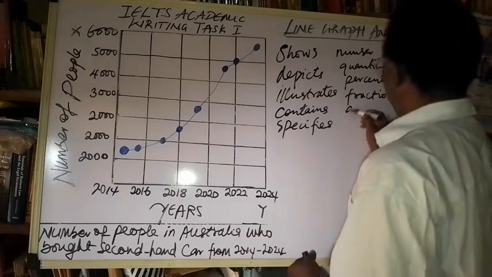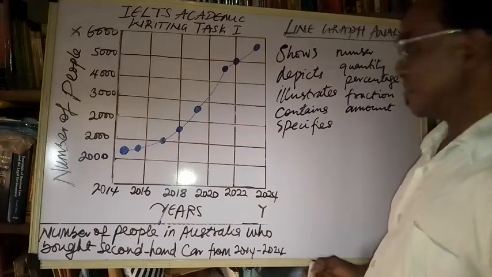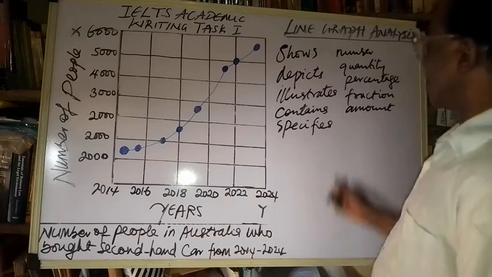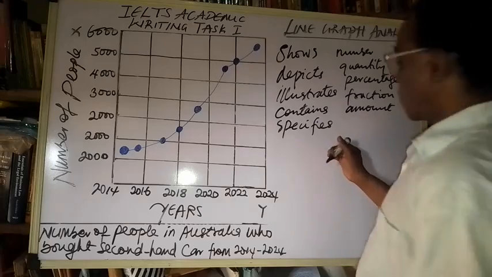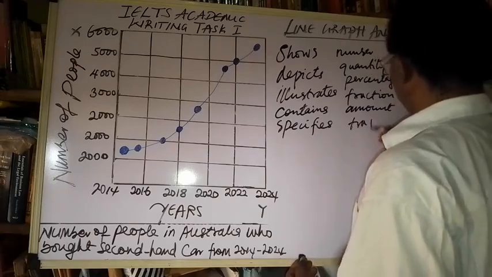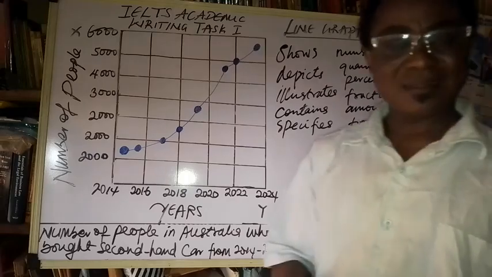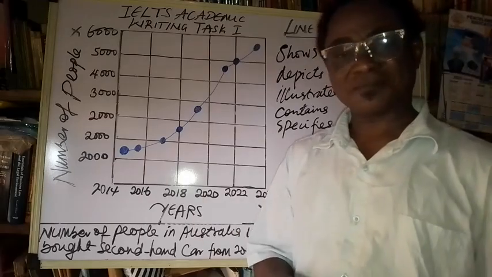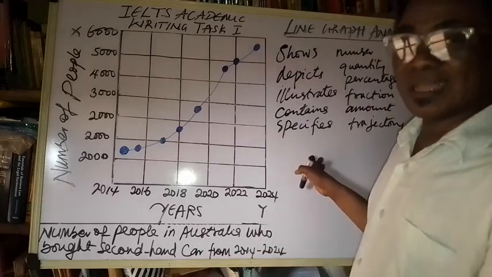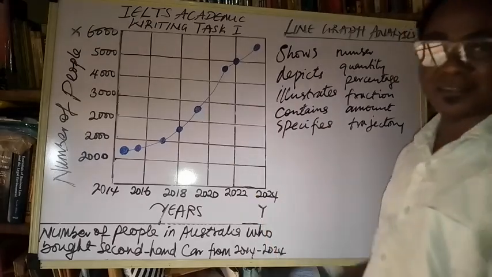Or is it talking about the amount of a value? Does it depict the amount of a value? Or does it specify the trajectory of anything? Words like this are to be used in the first paragraph, what you may call the intro of your analysis.